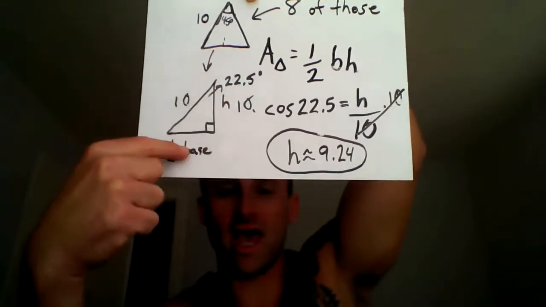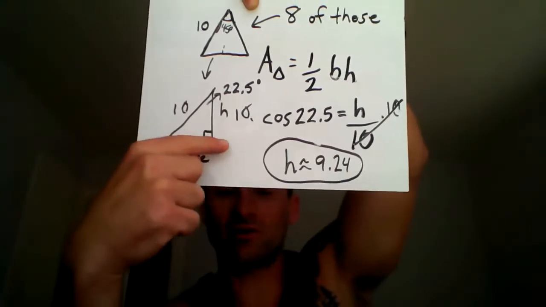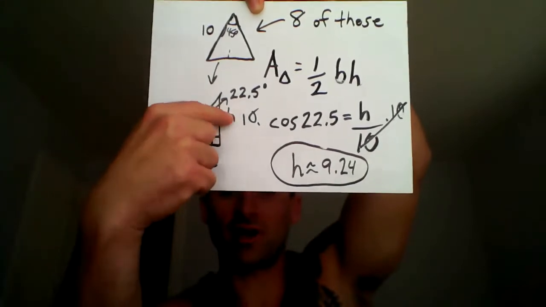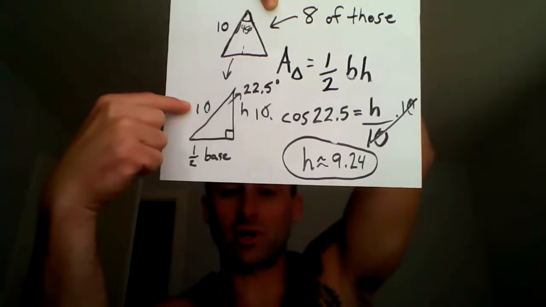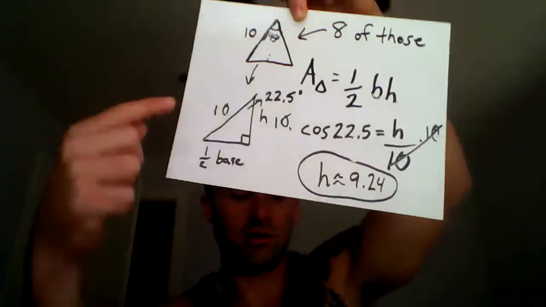So we go x squared, because we don't know the base, plus 9.2 squared equals 10 squared. So I'm going to get another whiteboard. This is for the base, remember?